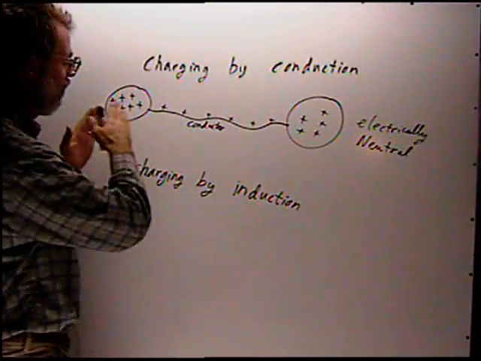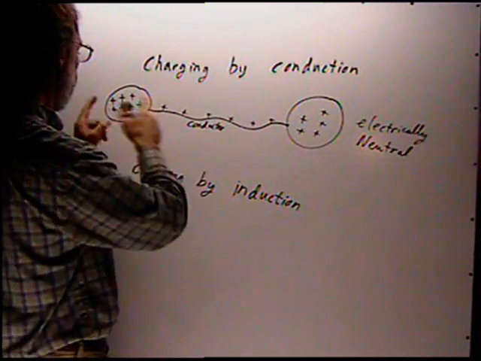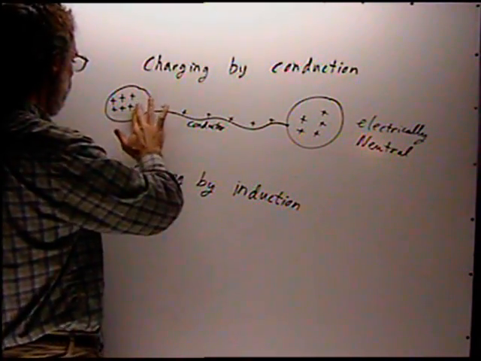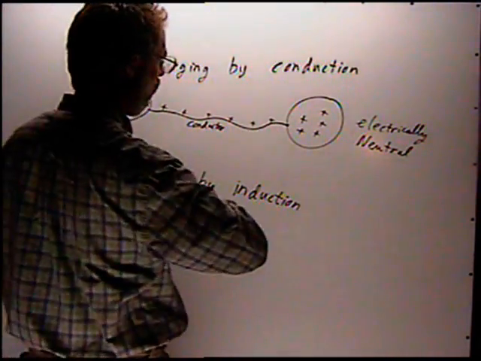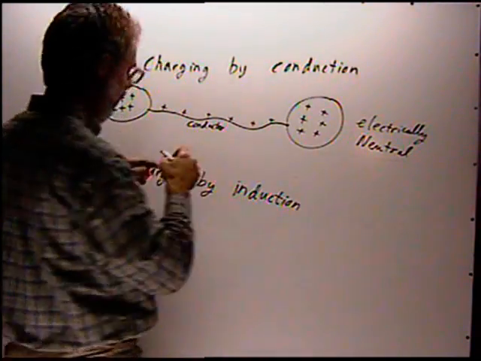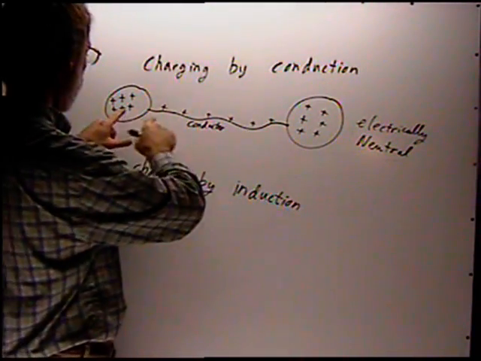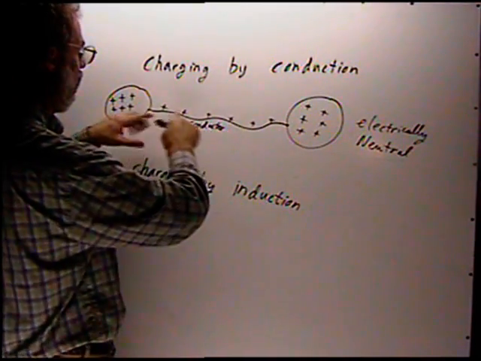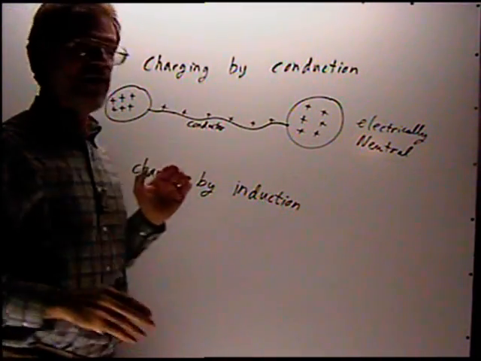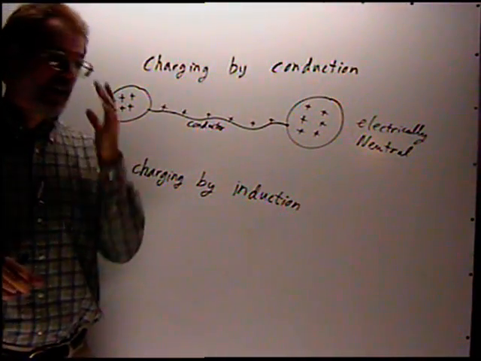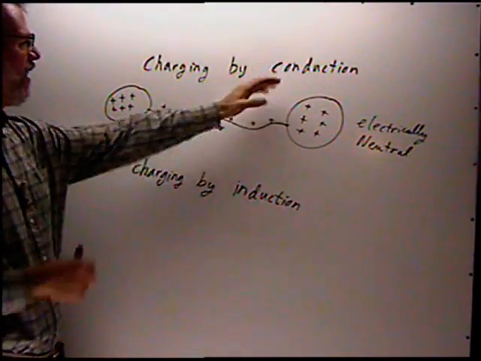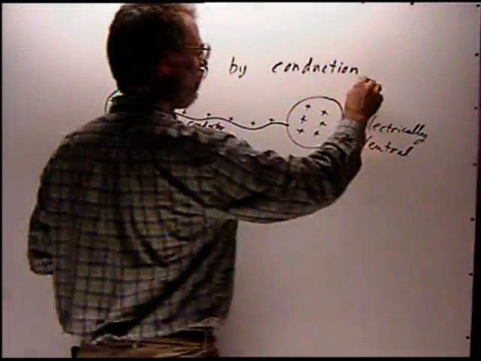If I connect these two, some of the charges from here will migrate over to the charges here, and throughout the entire system, from here to here and even the conductor, we get a uniform distribution of charge. So this is what we mean by charging by conduction. We have now charged this neutral material.